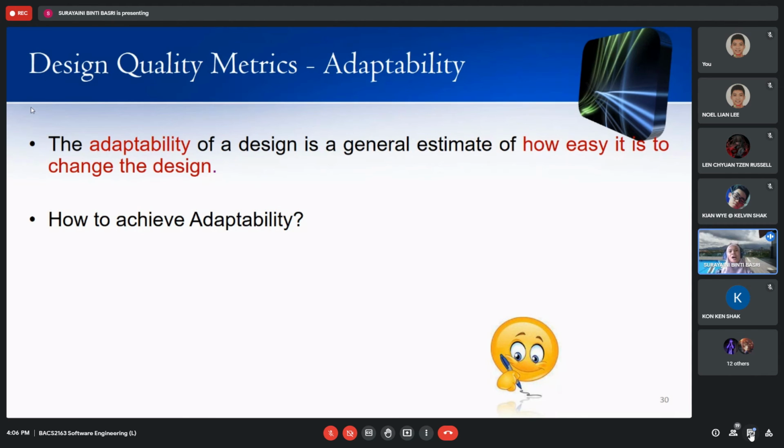So we can say, okay, boss, I have implemented adaptability, meaning that in the future, if there are any changes or new requirements, we can easily change the design because I have already implemented functional cohesion.